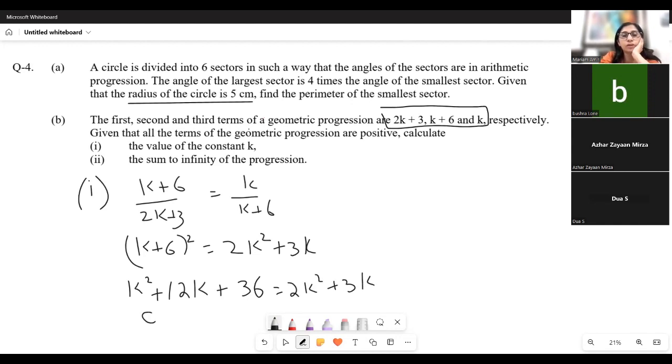So I'm going to move everything towards the right. 0 equals k square, minus 3k minus 12k is 9k, and minus 36.